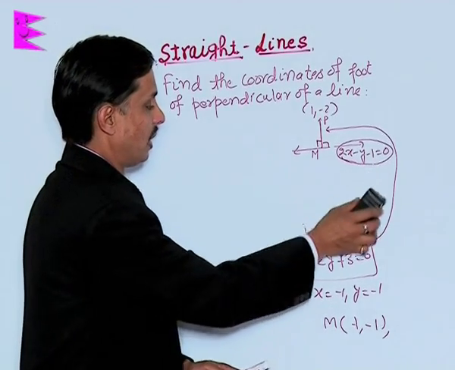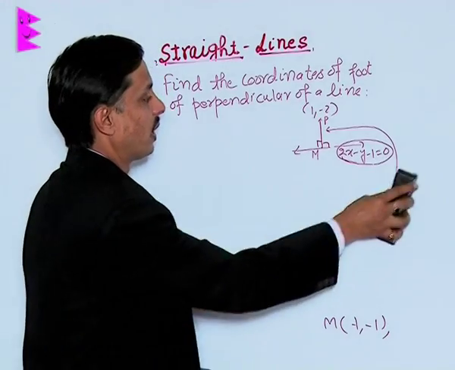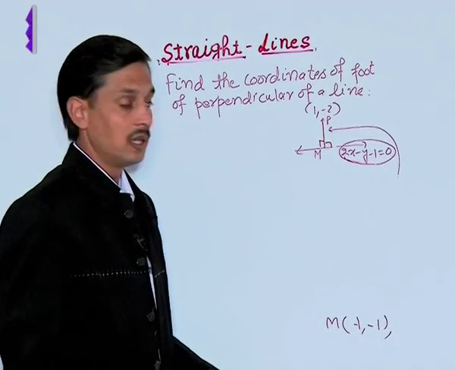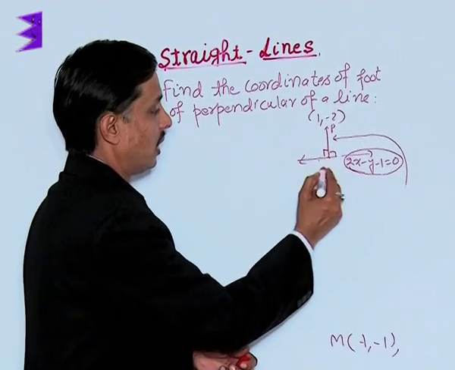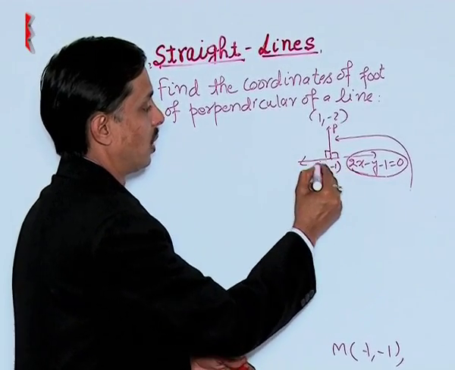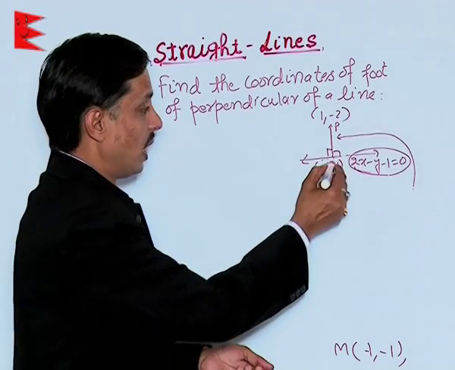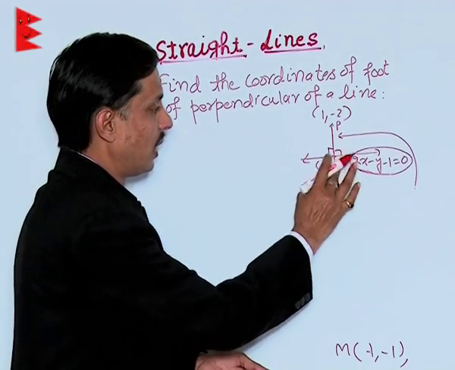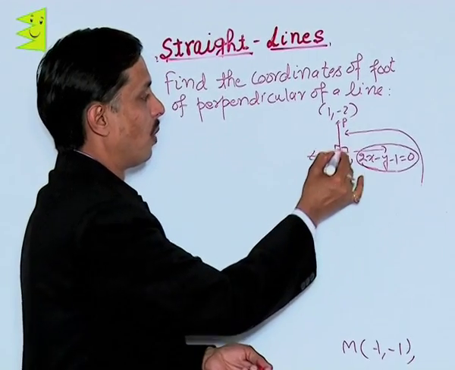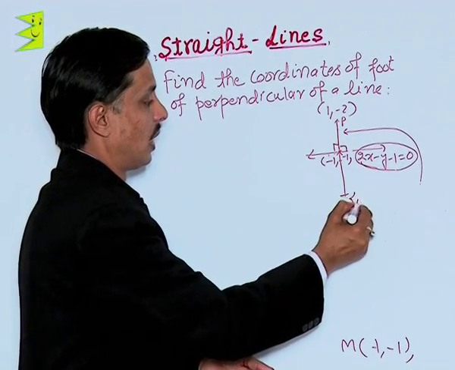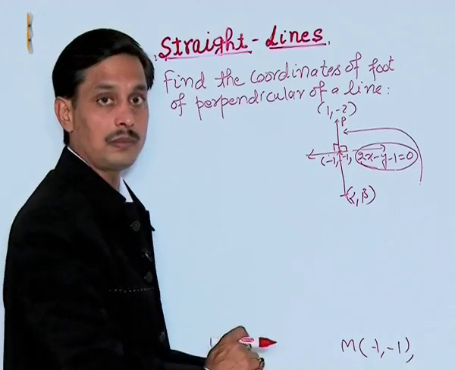If the same problem requires finding the image of the point, we can take the coordinates of the foot of the perpendicular in this situation, which are (minus 1, minus 1). The image is at exactly equal distance from the foot. Let it be (alpha, beta).